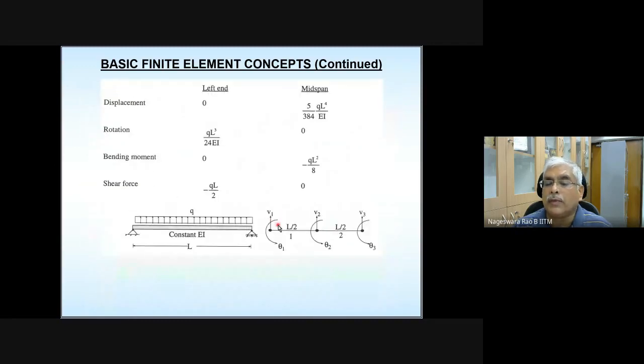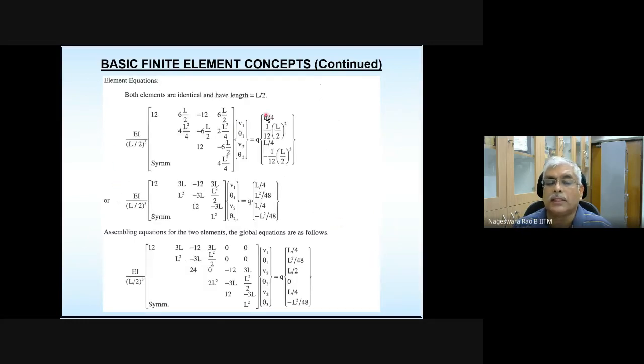So element equations for each of the two elements you can obtain in that manner. For element 1, degrees of freedom are V1, theta 1, V2, theta 2. For element 2, degrees of freedom are V2, theta 2, V3, theta 3. Okay. So with that, you write the element equations for element 1. And here element equations for element 2 are not written, because they are going to be exactly the same, because both the elements are of the same length, L divided by 2, except the degrees of freedom are going to be different.